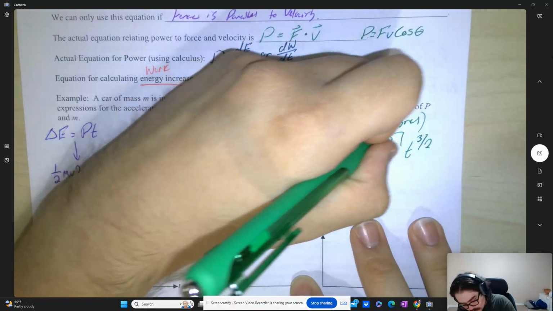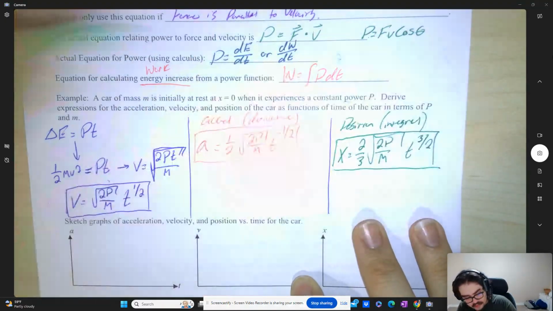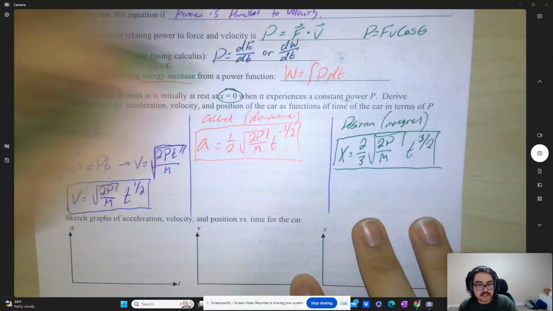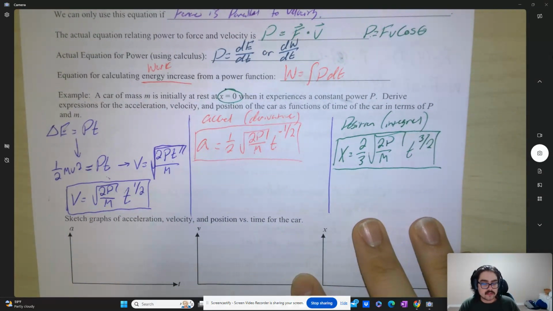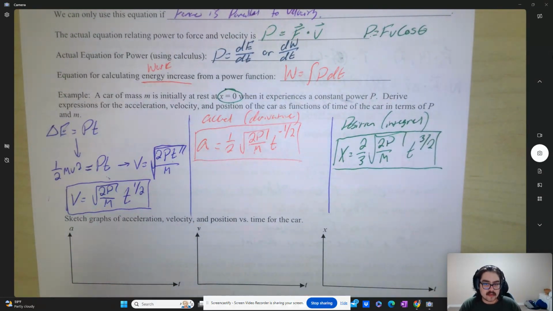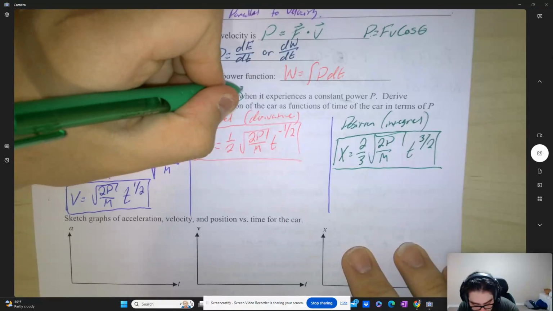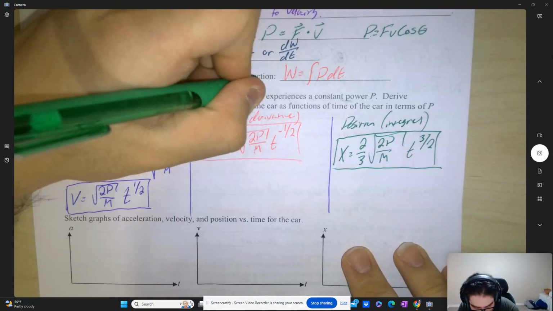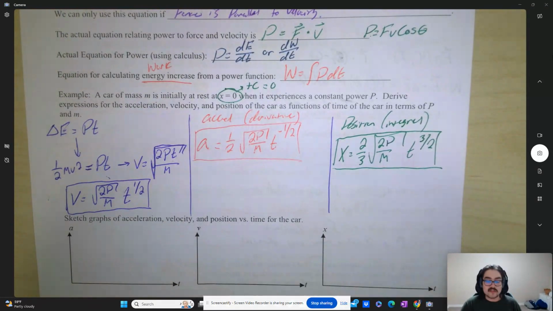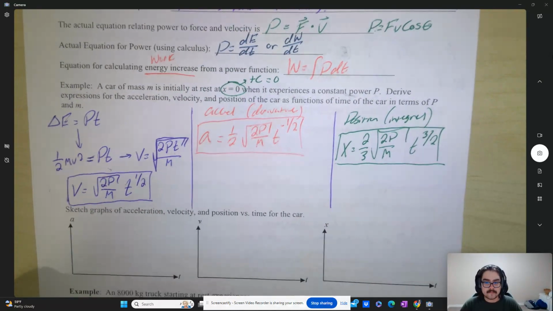And there's no need for a plus c here, because the initial position is 0, so the plus c is going to be equal to 0. I don't even need a plus c if I don't want to have that.